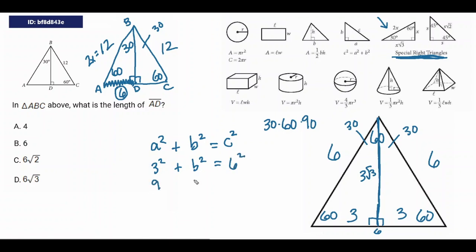So you get 9 plus b squared equals 36. You do the algebra, take 9 away from both sides, and you get b squared equals 27. If you take the square root of both sides, you get b equals square root of 27.